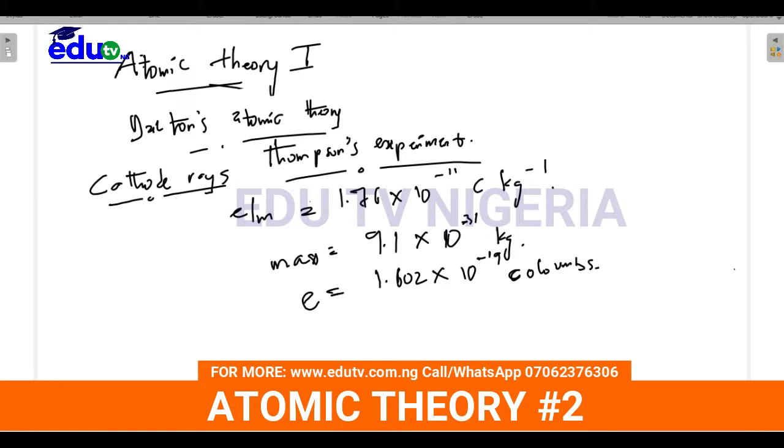The reason for that very small value, exponent minus 31 kilograms, is that it's so small I'm sure you can't even see the electron with your naked eye.